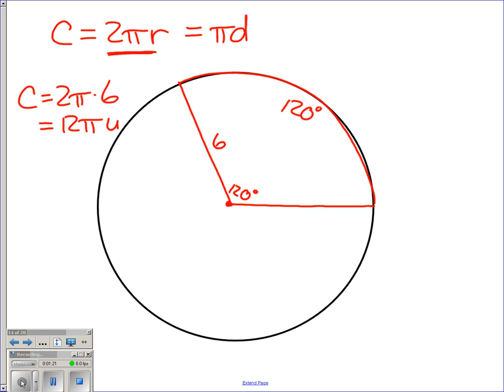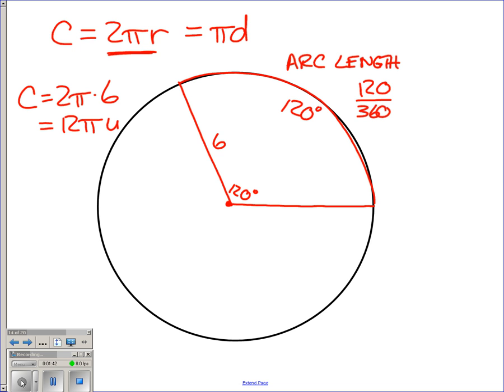How do you find the arc length of this arc right here? It's just part of a circle. Well, what part is it? It's 120 divided by 360, because there's 360 total degrees in a circle. We're using 120 of them.